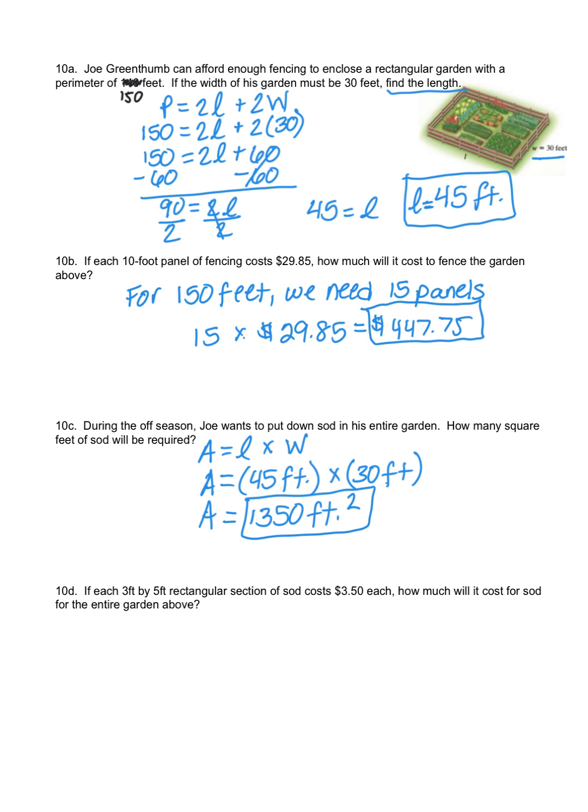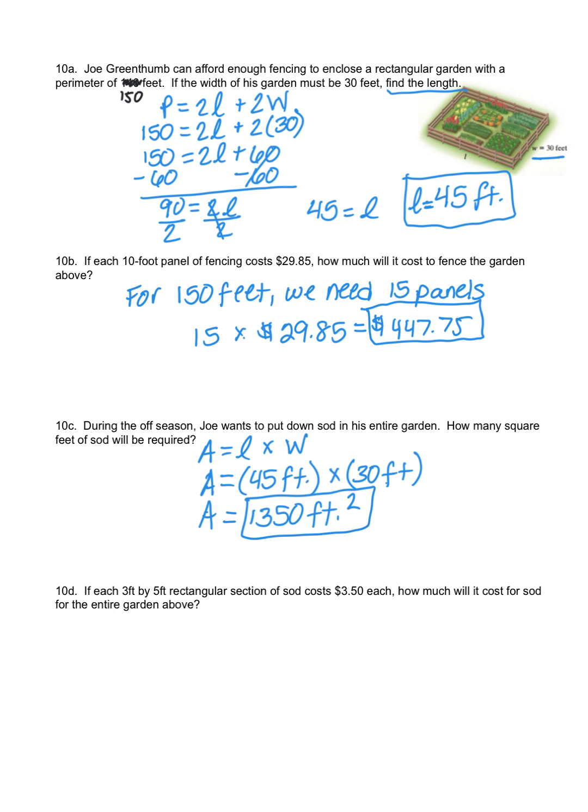10D. If each 3-foot by 5-foot rectangular section of sod costs $3.50 each, how much will it cost for sod for the entire garden above?